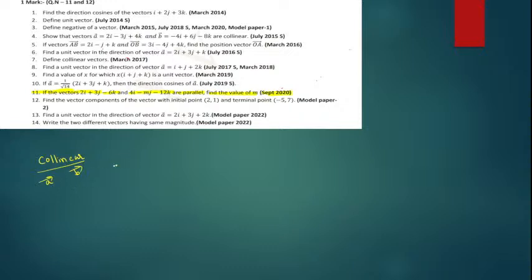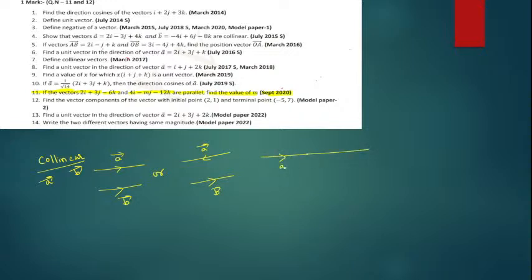They are said to be collinear if vector A is parallel to vector B, irrespective of their magnitude, direction and position. They may be in the same direction or they may not. It doesn't matter, but they should be parallel, whatever the magnitude may be.